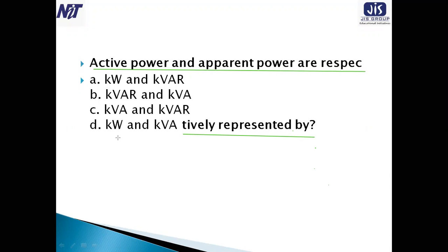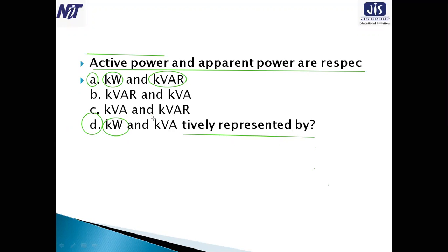think on it, which one will be the unit of apparent power? Volt ampere. So which one will be the answer? Active power is kilowatt. One is kilowatt, one is kilowatt, so the answer will be maybe A or D. Now search the second one, apparent power. kVAR is not apparent power, this is reactive power, volt ampere reactive.